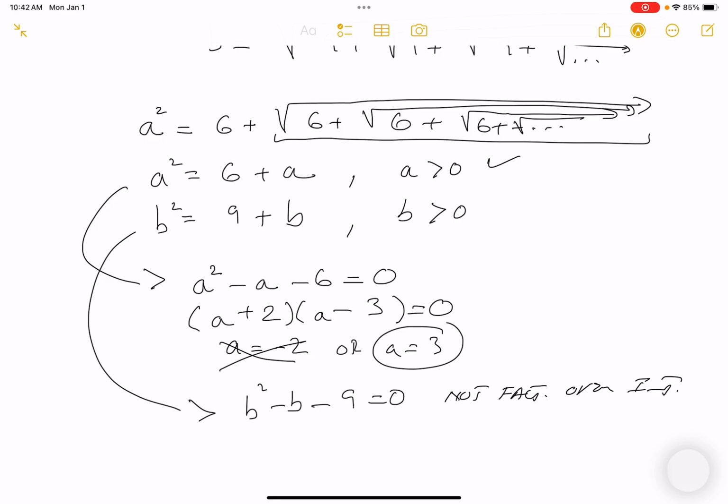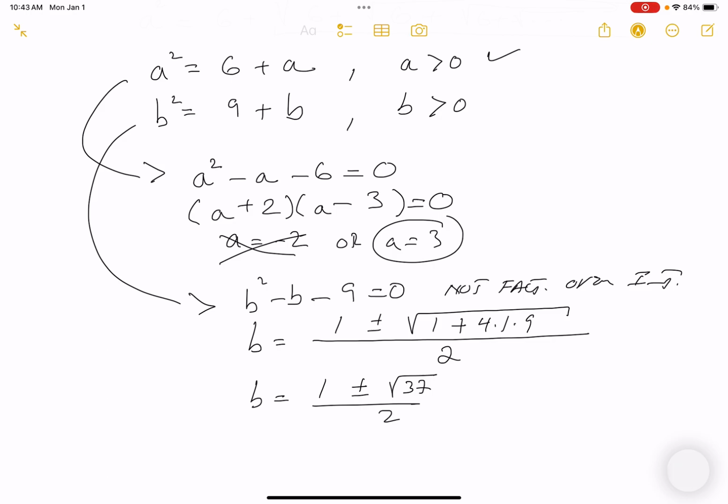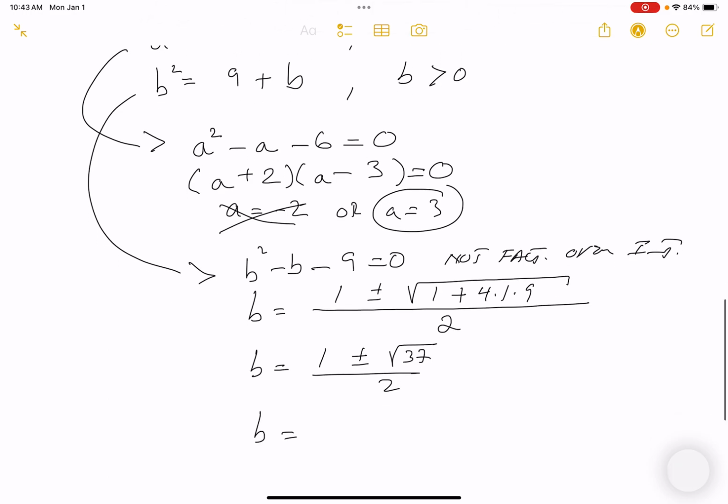So what I'm going to do, quadratic formula, B equals 1 plus or minus the square root of 1 minus 4 times 1 times minus 9, which is going to be plus 9 over here, over 2. So we get B equals 1 plus or minus the square root. Well, 4 times 9 is 36. 36 plus 1 is 37. But again, I know B is positive, so B can be only this number over here.